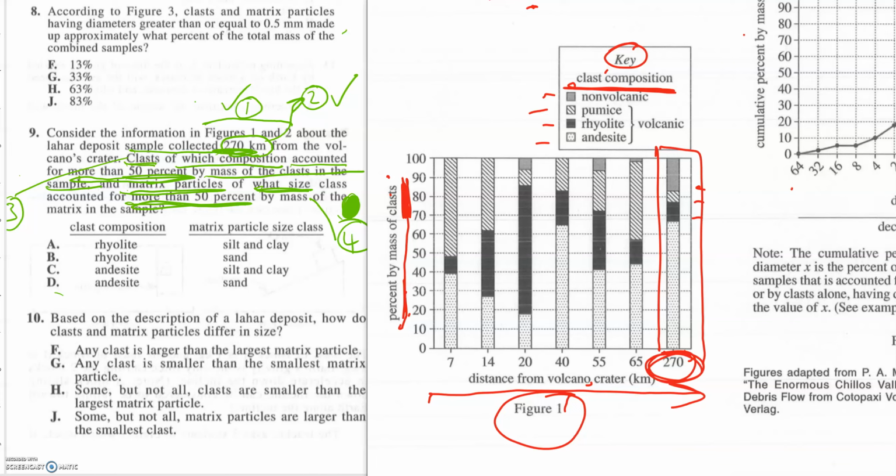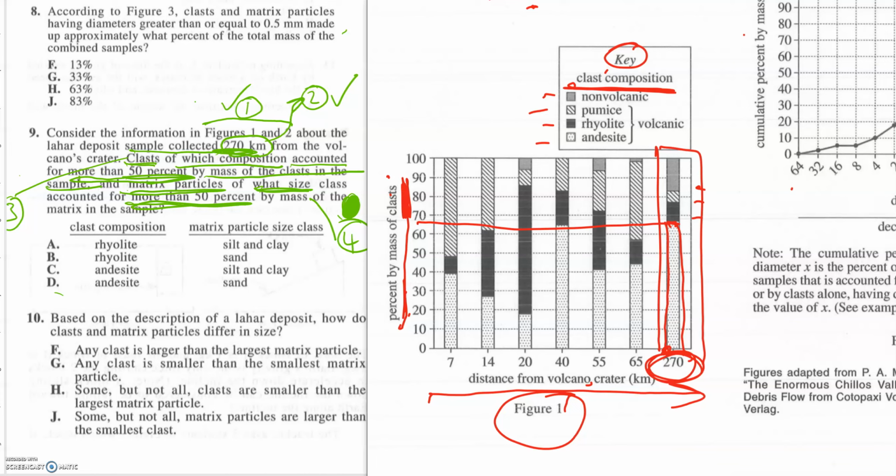And we're just looking for the one that's over 50%. So it's going to be the one that's the tallest. It's as simple as that. And it's this one, right? This one is a lot taller than any other. And if you want to prove it's over 50%, it starts at 0 and it goes up to, what, about 65%. So that's as hard as that gets. And it's the dotty one, and the dotty one is andesite.